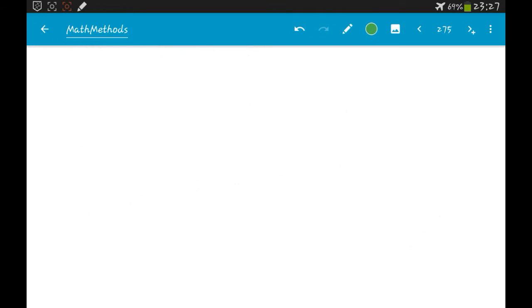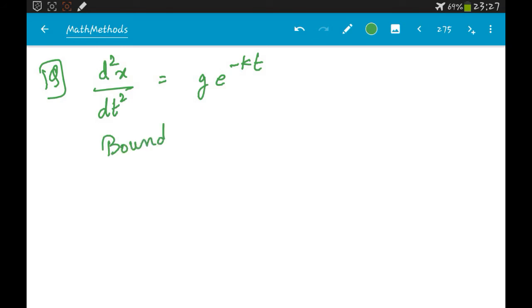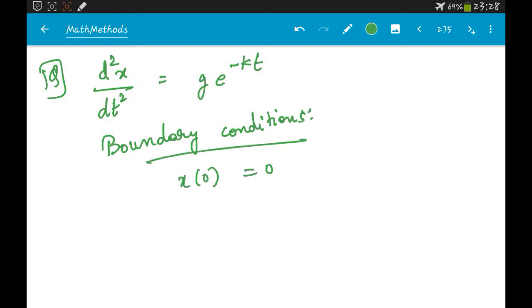Now you remember that we had solved this equation, which was d2x by dt square is equal to g into e power minus kt, and the boundary conditions were that x at time t equal to 0 was 0 and dx by dt at time t equal to 0 was also 0.